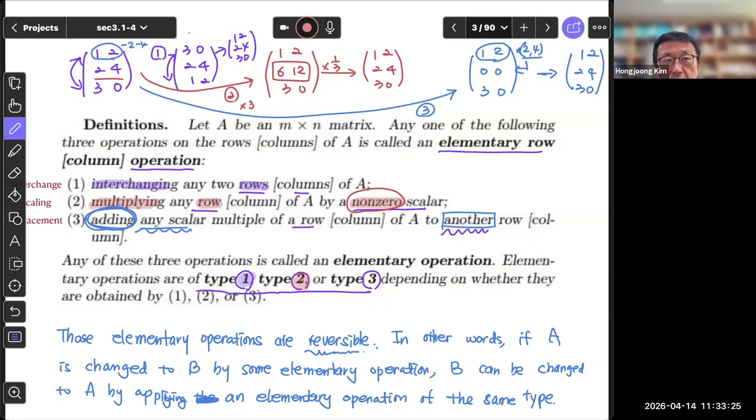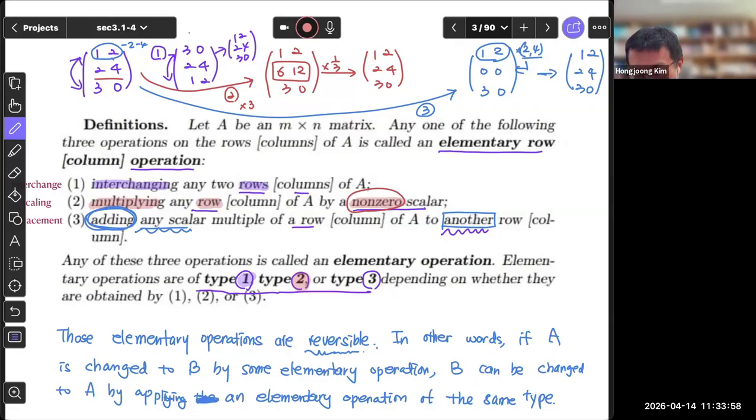If I perform, say, a scaling operation by multiplying 2 to a certain row, you can multiply, say, 3 to a certain row, you can multiply 1/3 to the same row, then you go back to the original matrix. Now, if I multiply, say, -2 to the first row and then add it to the second row to get B matrix, then when you multiply +2 to the first row and then add it to the second row, you go back to the original status.